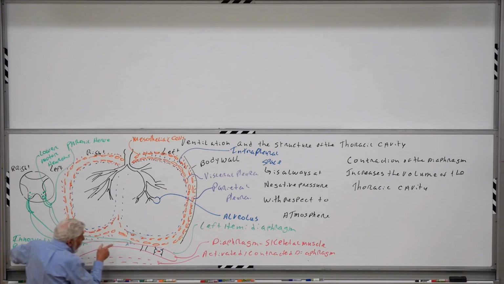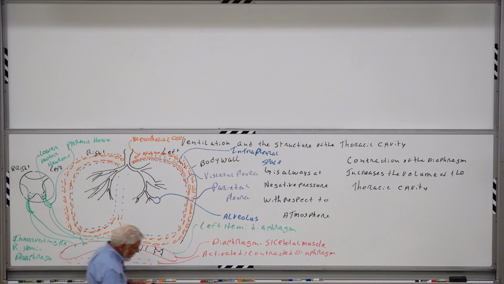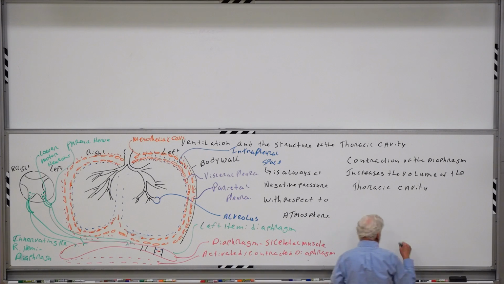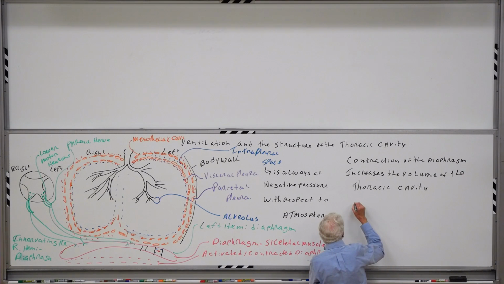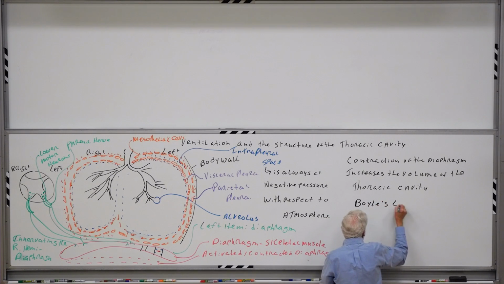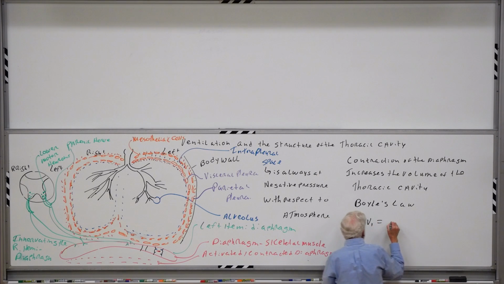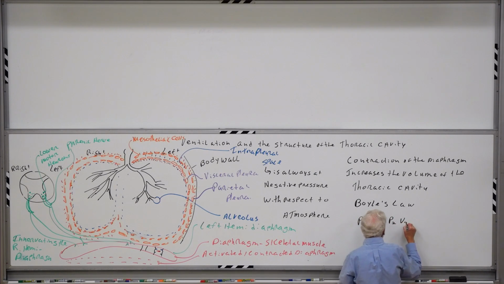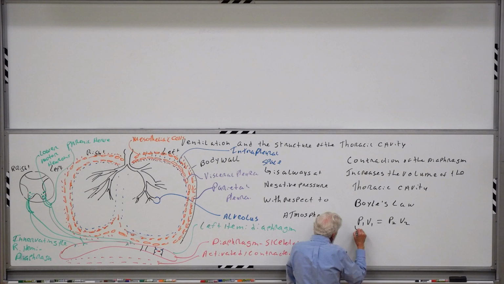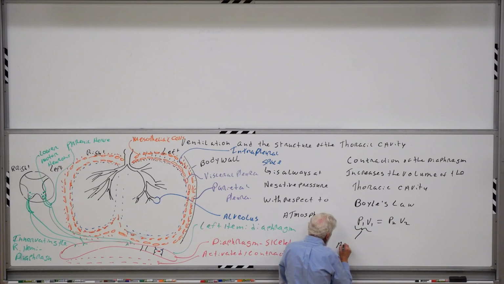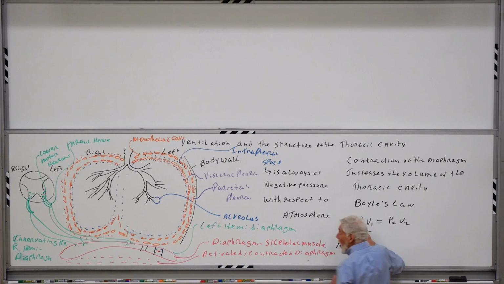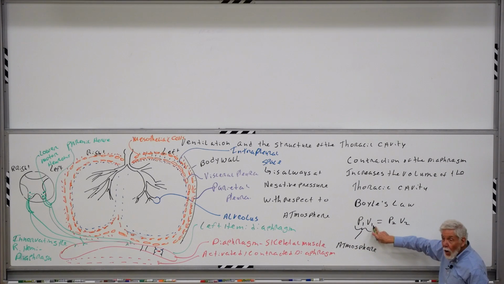And so now what we want to think about is the mechanics of this. And this comes back to something called Boyle's Law, where P1V1 is equal to P2V2. P1V1 is atmosphere. This is atmospheric pressure. This is the volume of the entire ocean of air around us.